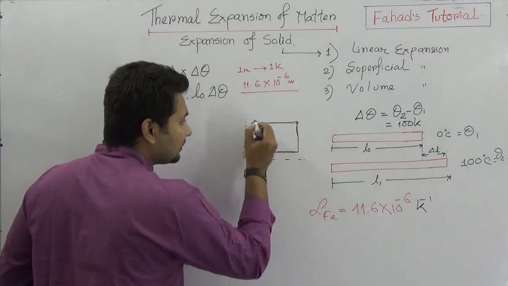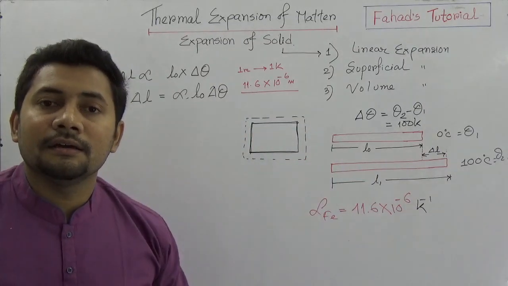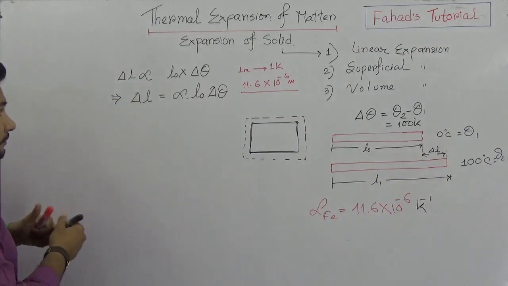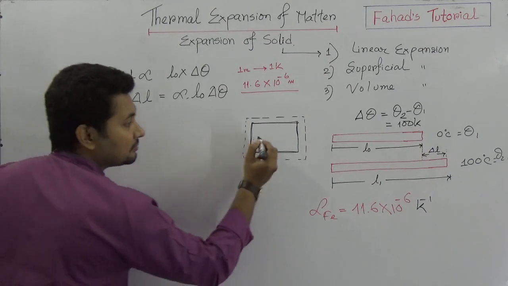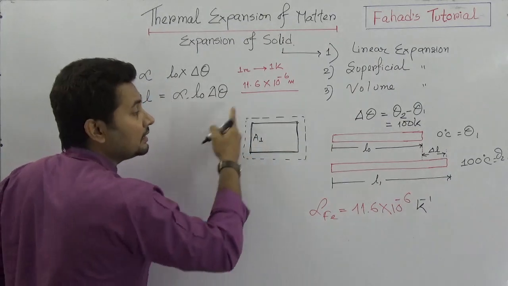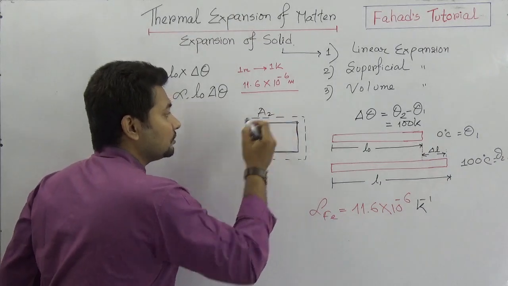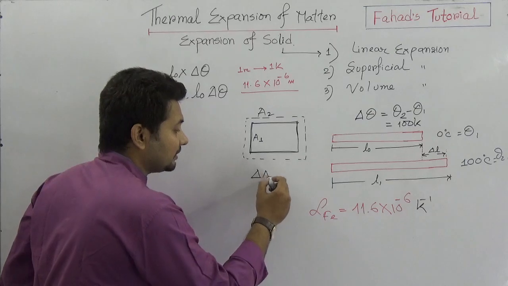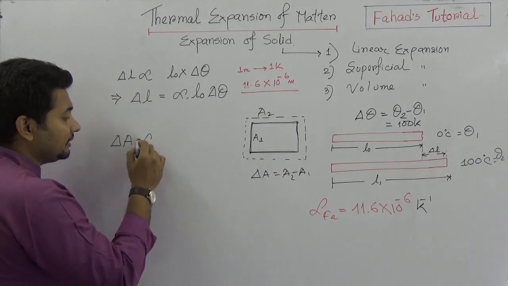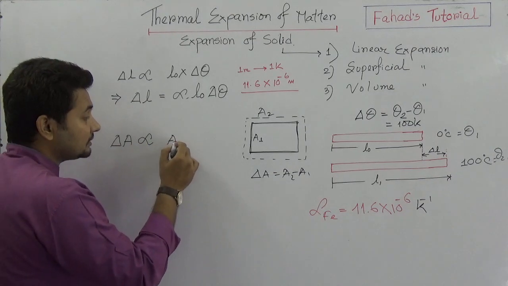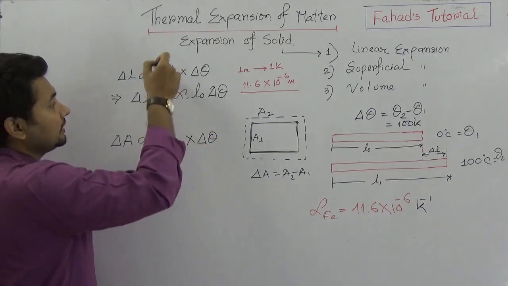The change of area is A2 minus A1, where the previous area was A1 and the new area after applying heat is A2. That depends on the previous area times the change of temperature.